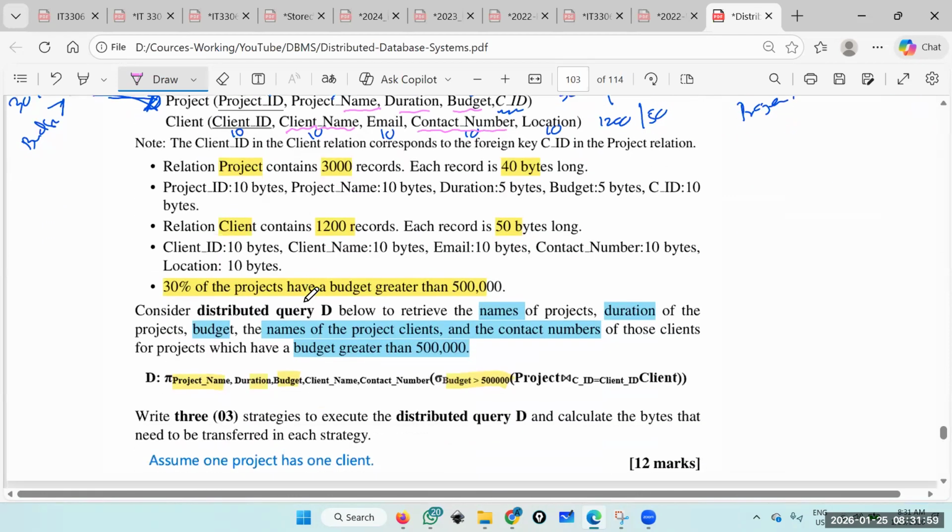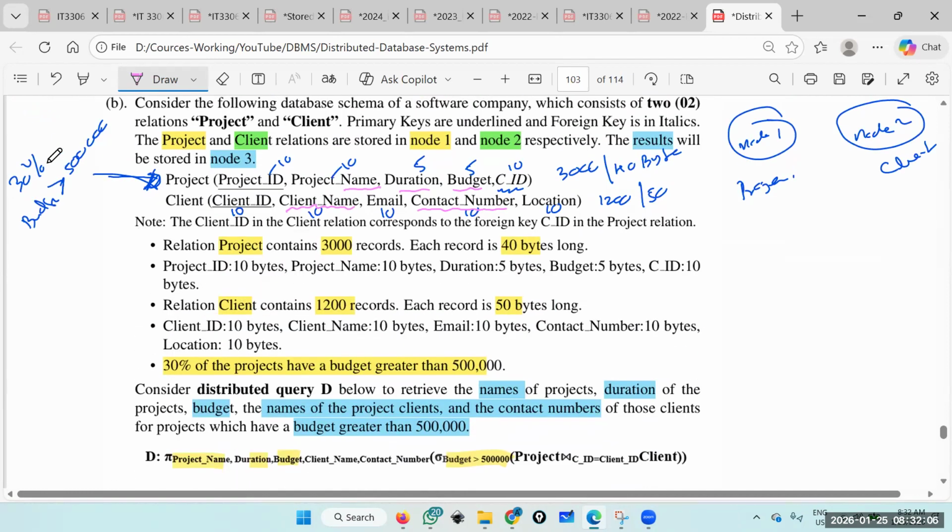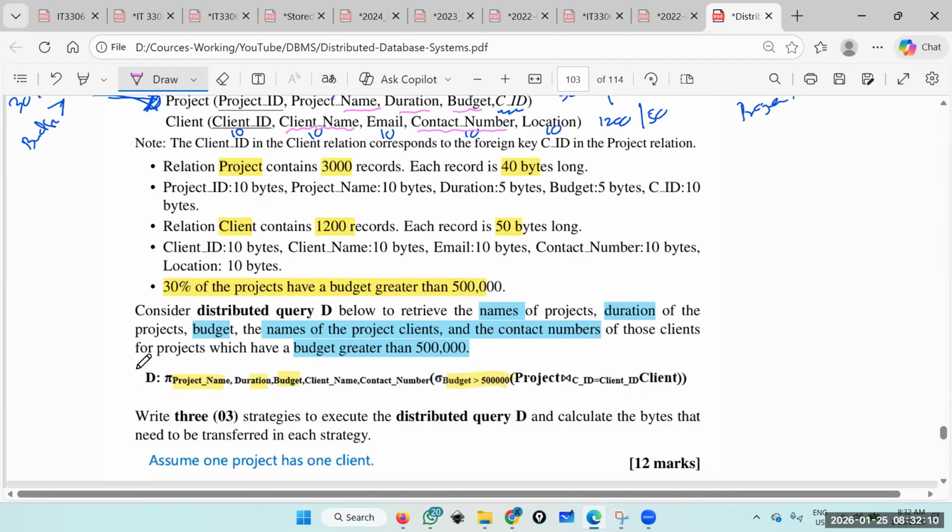Of those clients for the project which have a budget greater than 500,000. So only those projects we are interested in. D, that is your query. You have a sigma.